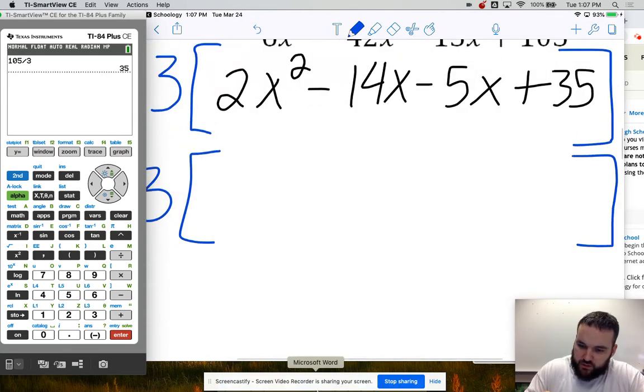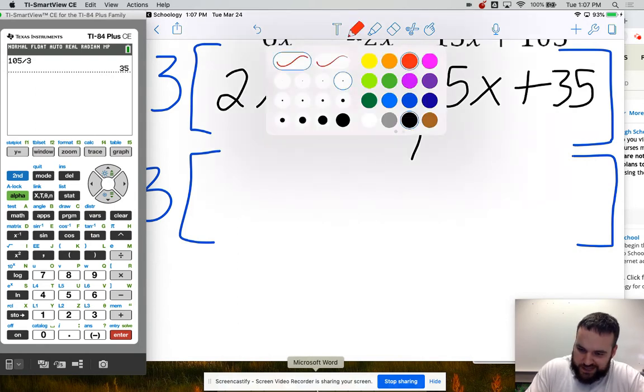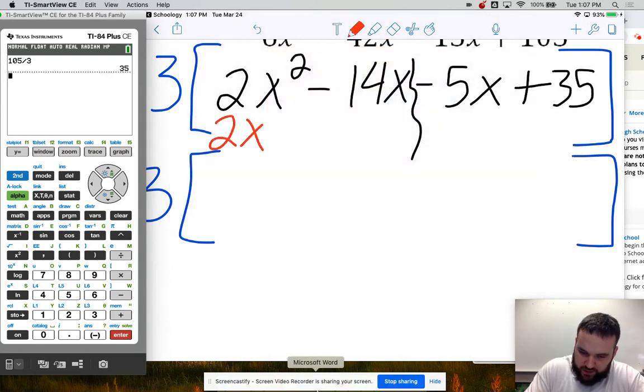Okay. So now if I take this problem and split it down the middle, what do the first 2 terms have in common? 2x squared minus 14x. Well, I can take a 2 and an x from each of those, okay? And that would leave me with x minus 7.